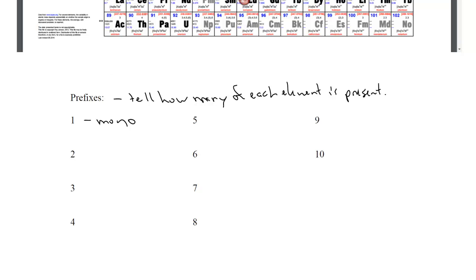Mono is 1, di is 2, tri is 3, tetra is 4, penta is 5, hexa is 6, hepta is 7.